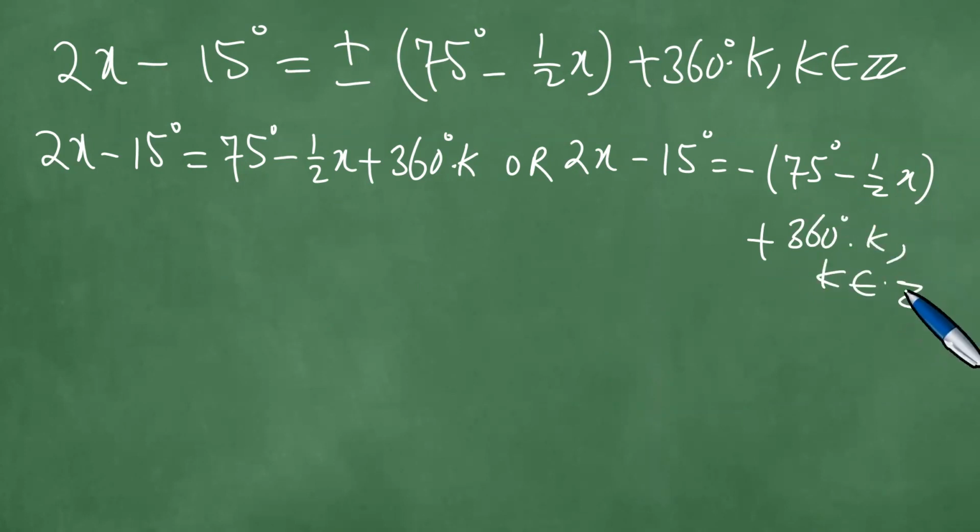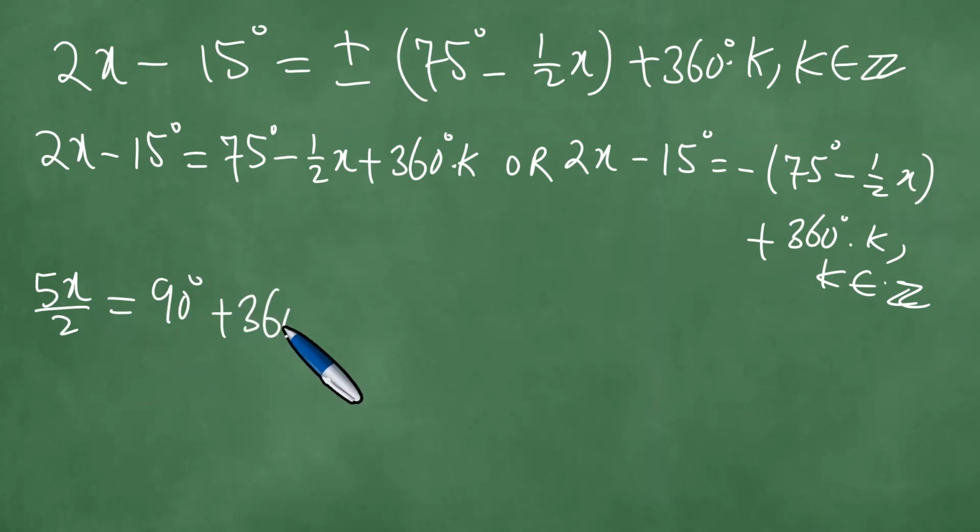Or we have twice x minus 15 degrees is equal to, now you take the negative, 75 degrees minus 1/2 x plus 360 degrees times k. K is in the integers, which means you have 5x over 2, which is 90 degrees plus 360 degrees by k, k in the integers. Or what do we have on this side here?